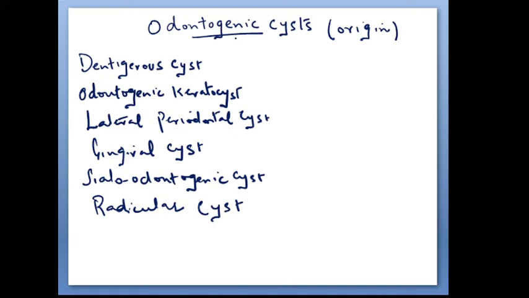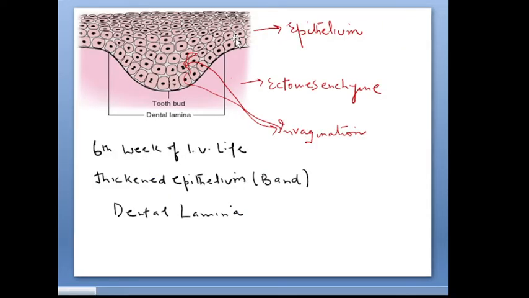Now, different types of odontogenic cysts, as we all know, are dentigerous cyst, odontogenic keratocyst, lateral periodontal cyst, gingival cyst of the adult, gingival cyst of the neonate, glandular odontogenic cyst, and radicular cyst. Now, during intrauterine life, in the 6th week, the epithelium proliferates at a more rapid pace and it grows into the ectomesenchyme. This is called invagination of the epithelium.